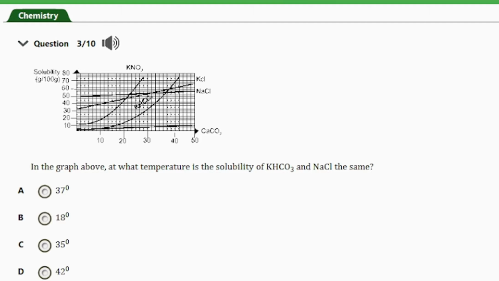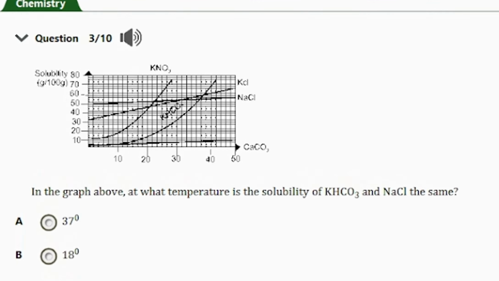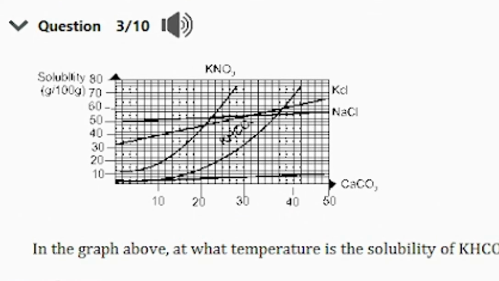So guys, the only thing we have to do here is to just take note of the graph showing potassium hydrogen trioxocarbonate 4, and then that's showing sodium chloride, and then check where they intersect, and then check the corresponding value under the temperature, since the question says at what temperature.